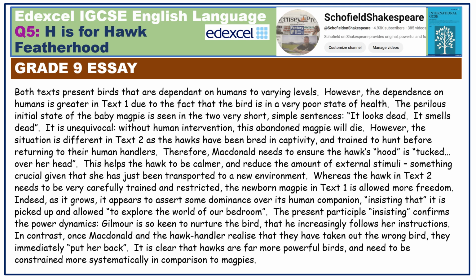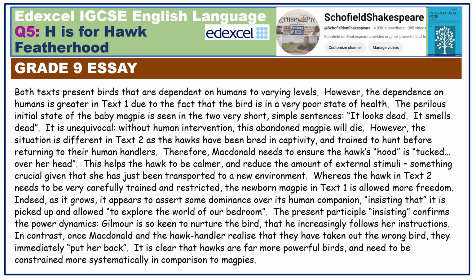Whereas the hawk in text 2 needs to be very carefully trained and restricted, the newborn magpie in text 1 is allowed more freedom. Indeed, as it grows, it appears to assert some dominance over its human companion, insisting that it is picked up and allowed to explore the world of our bedroom. The present participle, insisting, confirms the power dynamics.